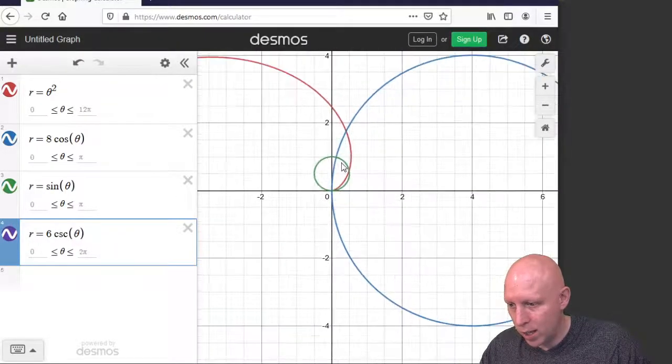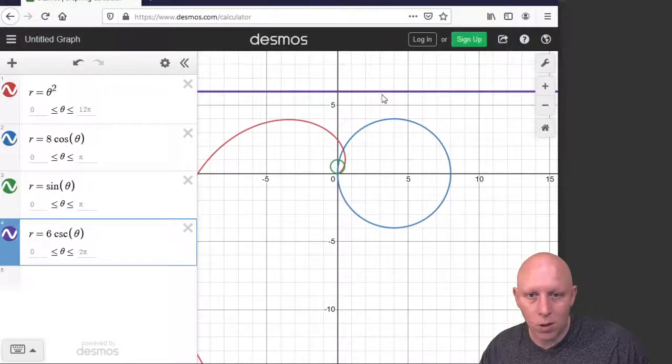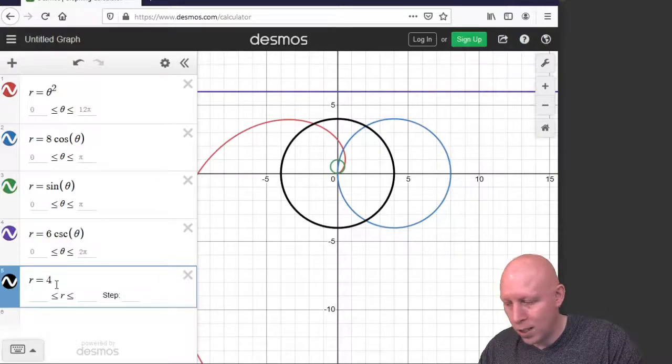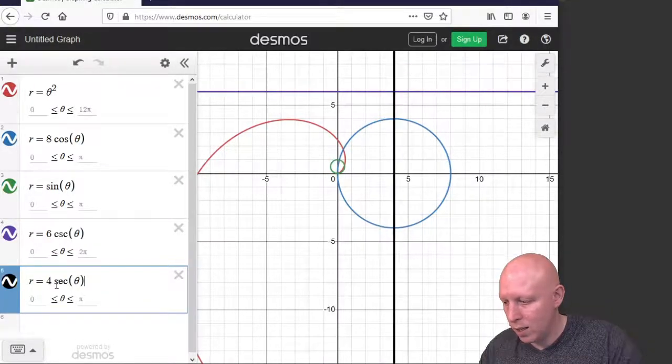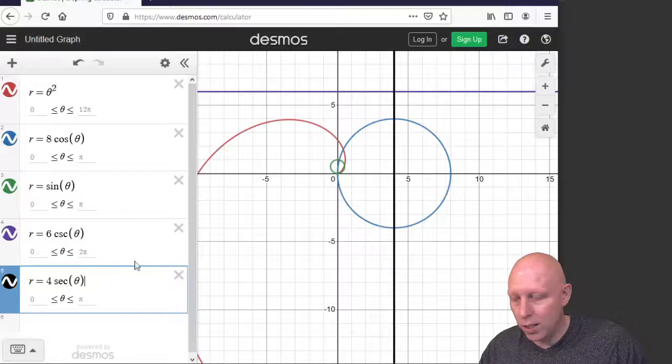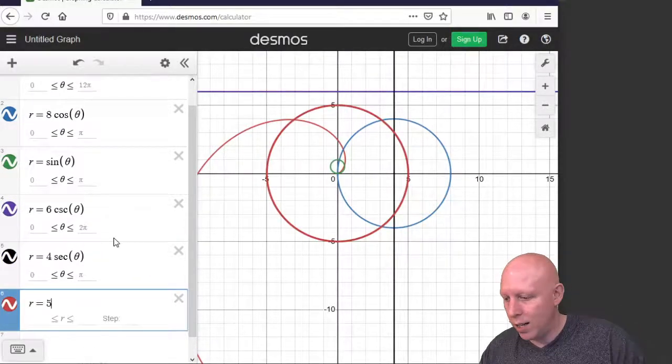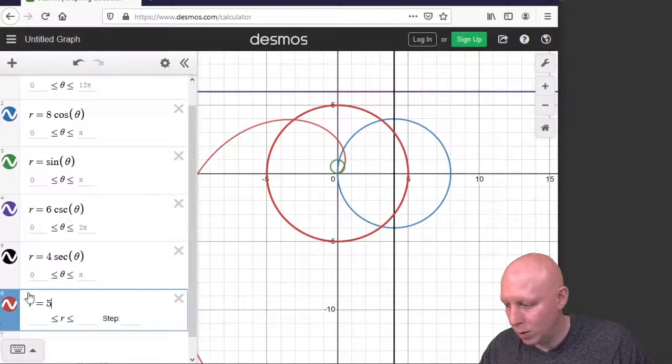All right, and what's that? That was our horizontal line. R is equal to 4 secant of theta, that's this. If we write r is equal to 5, circle, yay circle.